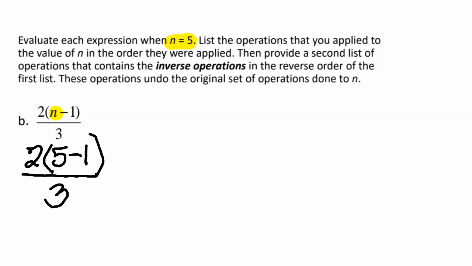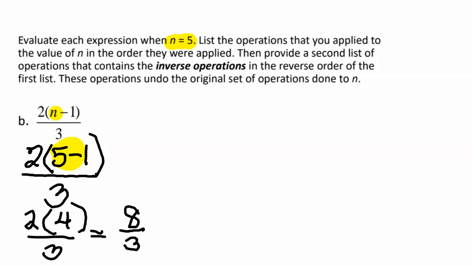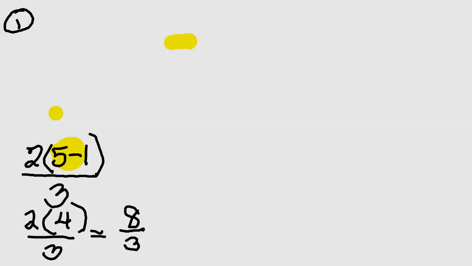Now, order of operations. 5 minus 1 is 4. Okay, so this gives me 2 times 4 divided by 3. Well, 2 times 4 is 8/3. Okay. This is sentence number 1. I evaluated it using n is equal to 5.